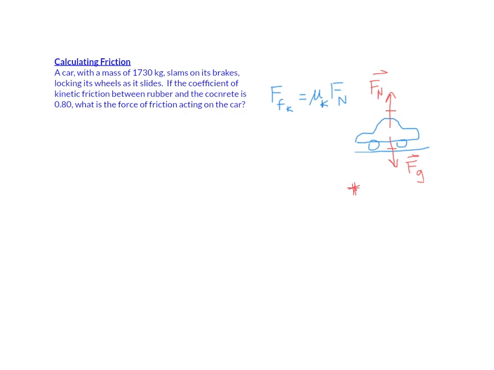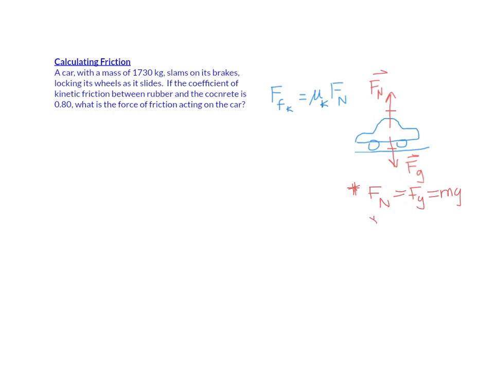fact. Whenever you have something that's sitting on a surface and it's not moving up or down, not accelerating up or down, the normal force will be equal to the force of gravity, or mg. Just in magnitude only. They are different directions, so I'm not going to put the direction on there.